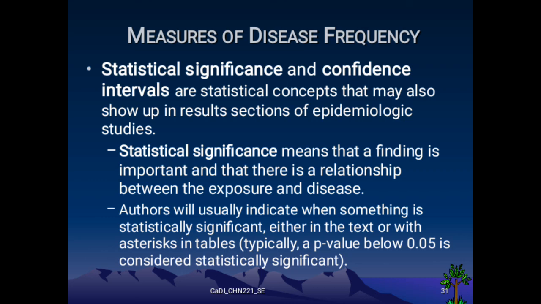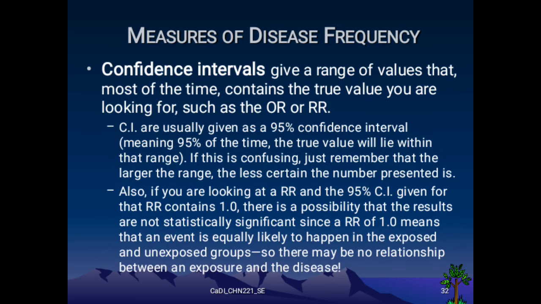Authors will usually indicate when something is statistically significant either in the text or with asterisks in tables. A confidence interval gives a range of values that most of the time contains the true value you are looking for, such as the OR or RR.